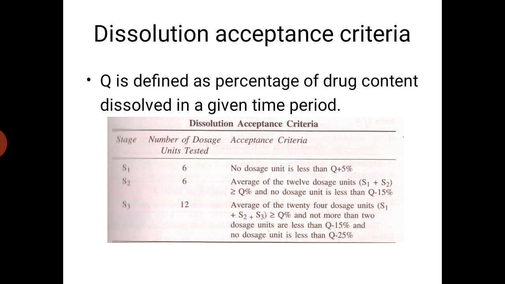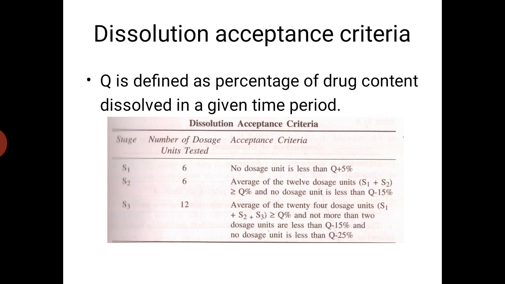First condition. Second condition, not more than 2 dosage units are less than Q minus 15. And third condition, no dosage unit is less than Q minus 25. For example, the Q value is 80, Q minus 15 is 65%. So we have 24 tablets.